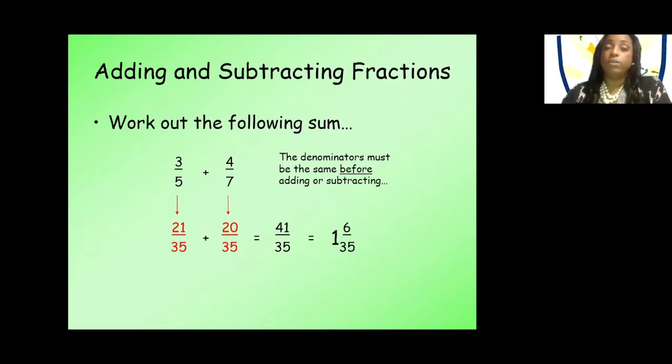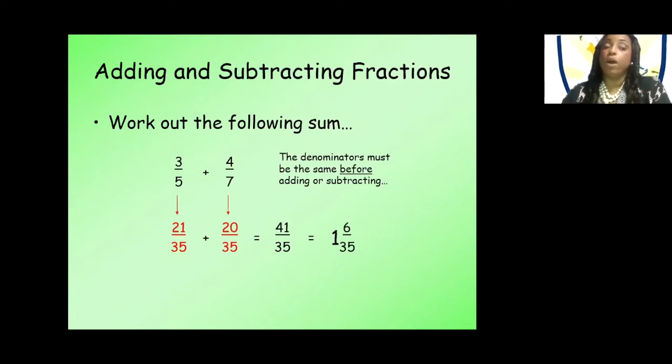That 1, remember this now, very important, that 1 will be your whole number, okay? And I have a remainder 6. What do you do with that 6? You take the 6, that would be the numerator for your fraction part of this mixed fraction.